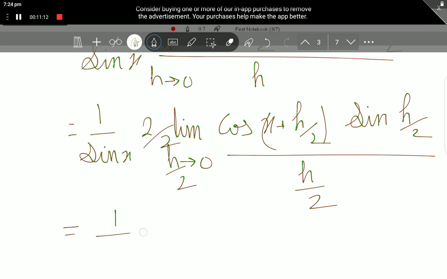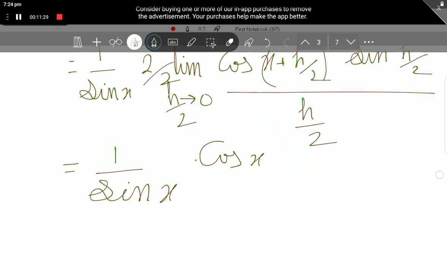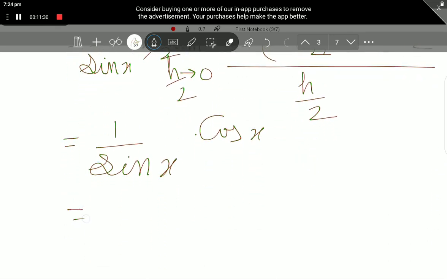So we are just left with 1 by sin x into cos of x plus h by 2. If h tends to 0, that is just cos x. And that can be written as cot x. So we have shown using the first principle of derivative, or by definition of derivative, that the derivative of log of sin x is cot x.